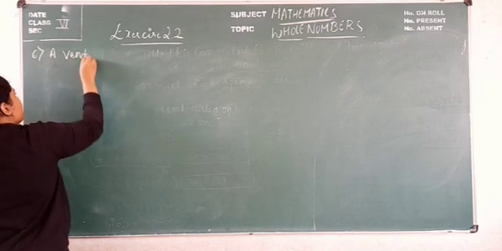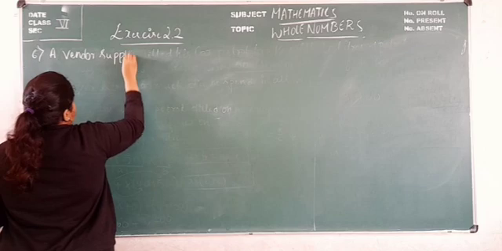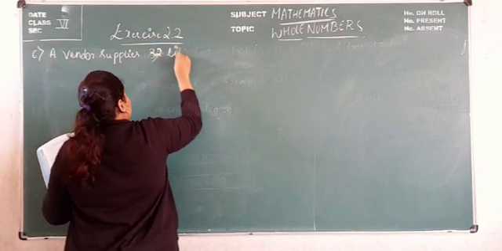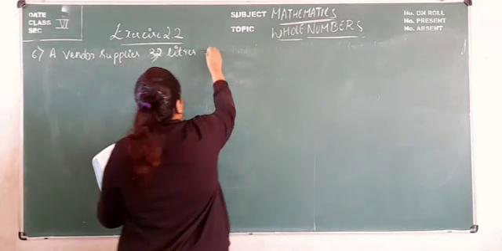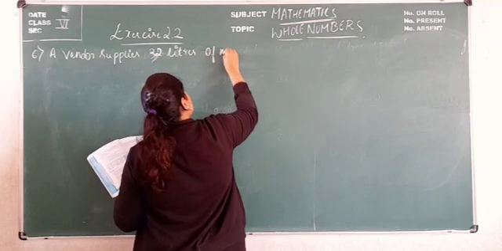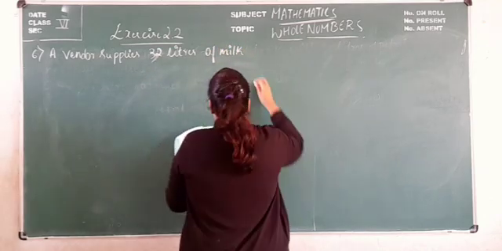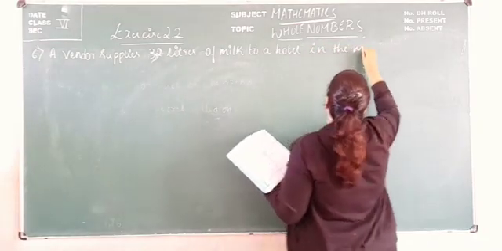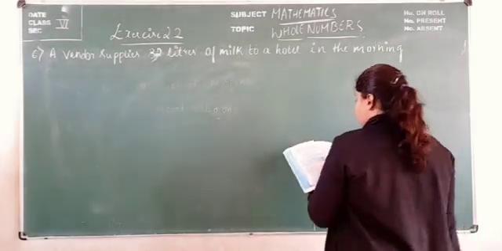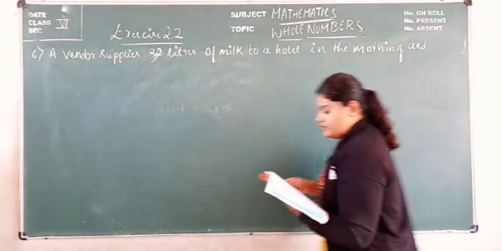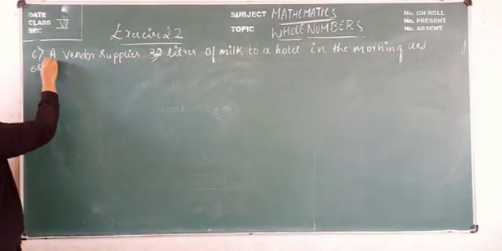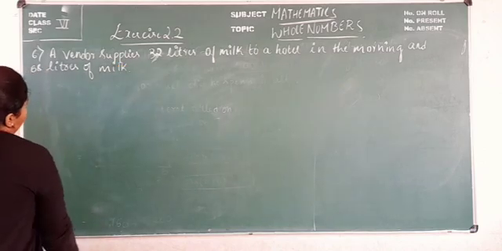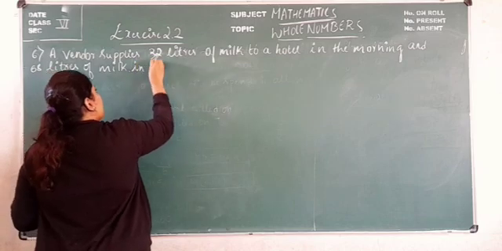A vendor supplies 32 liters of milk to a hotel in the morning, and 68 liters of milk in the evening.